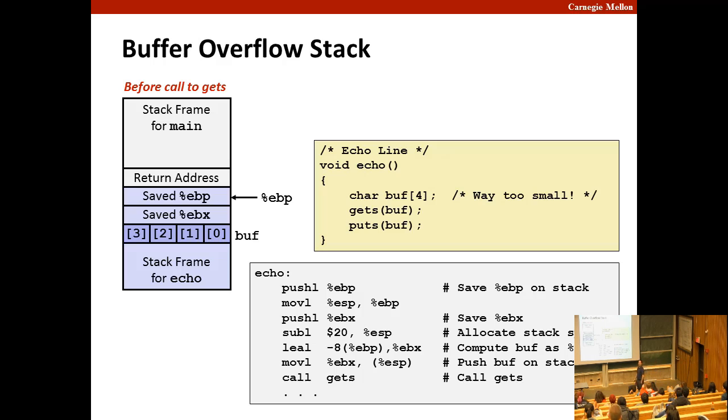Buff is allocated on the stack because it's a local variable. So now you can see that we have the caller main, which pushes the return address on the stack and calls the function. There are no arguments here, so there's no argument build area. This function itself saves the EBP, saves the EBX, right? And then we have its local variables. In this case, just buff.